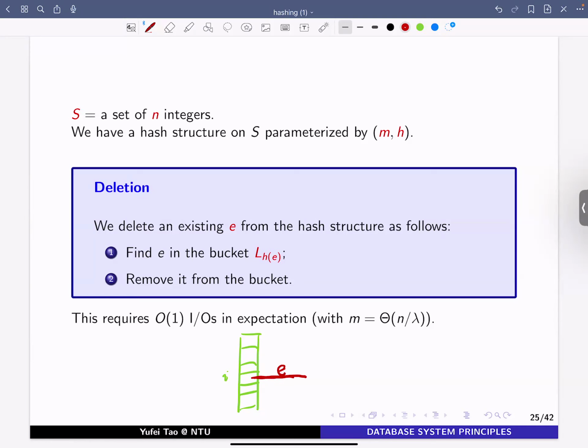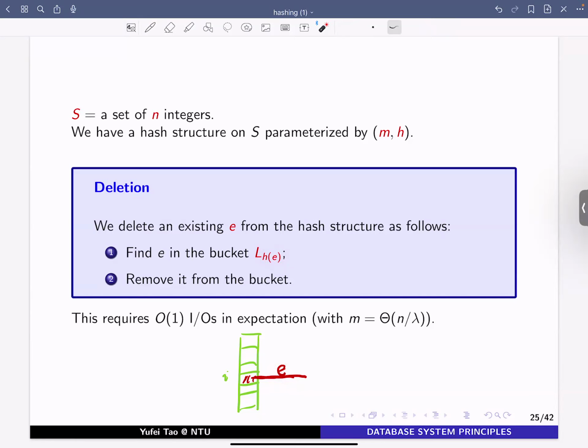You first look at the cell containing the address of the file for bucket i, where i is the hash value of e. You perform dictionary search there, essentially. So you find this e, and then you just remove it. As you can see, the cost is basically the same as finding this e, performing a dictionary search with the element e.